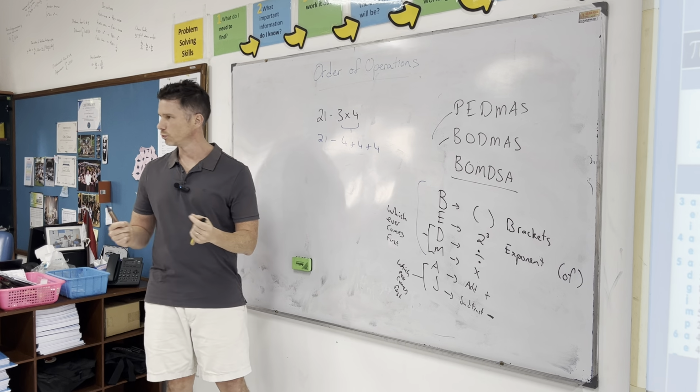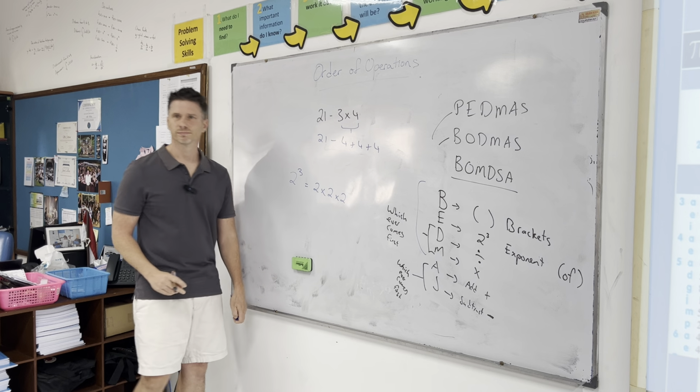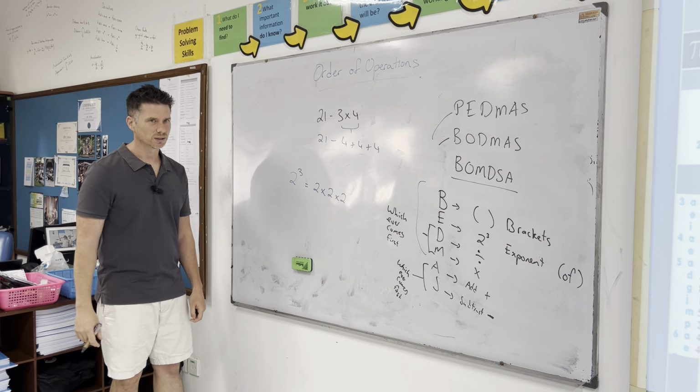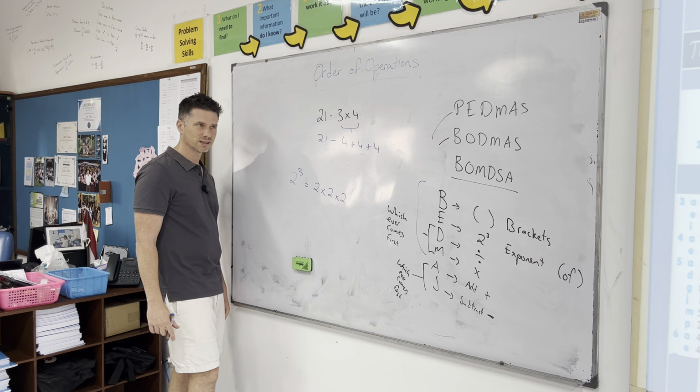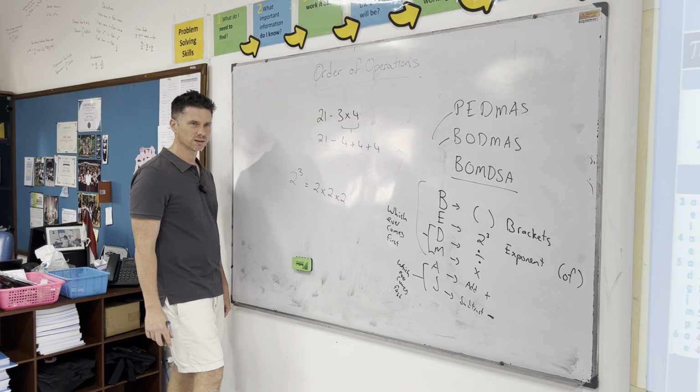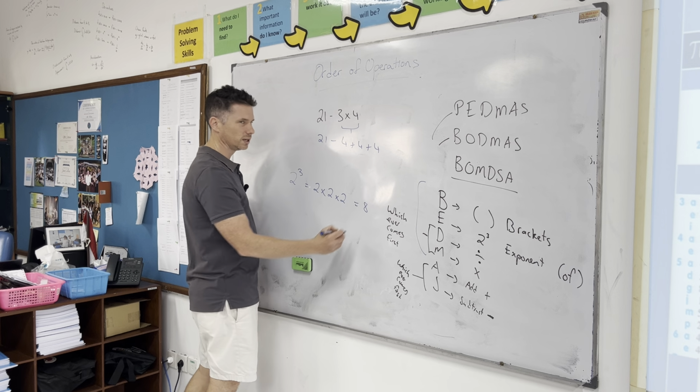Can we write 2 cubed as an addition? Yes. How do I write that as an addition? 2 plus 2 plus 2 plus 2 plus 2. How many plus 2s? 6? Okay, we know it's 8.